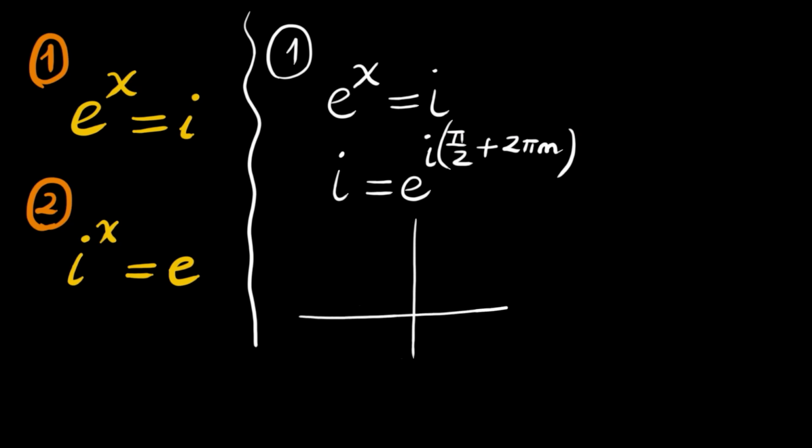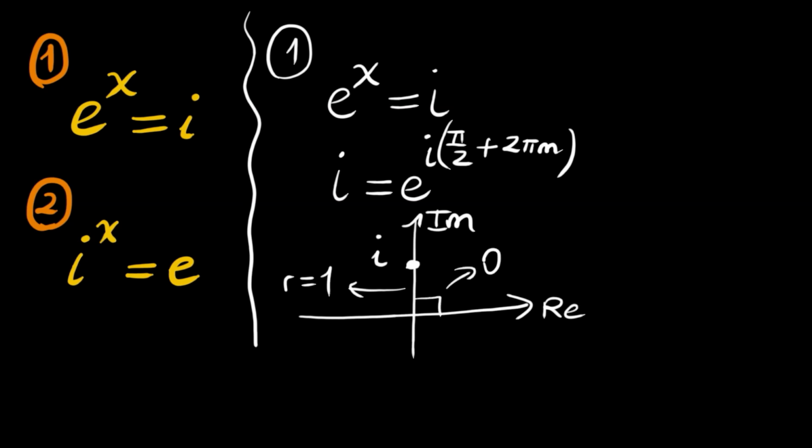We have i here on the imaginary axis. i stands here, and the length r is equal to 1, and the angle, the argument theta, is equal to pi over 2, or 90 degrees. So we have i is equal to e to the power of i times pi over 2 plus 2 pi m.